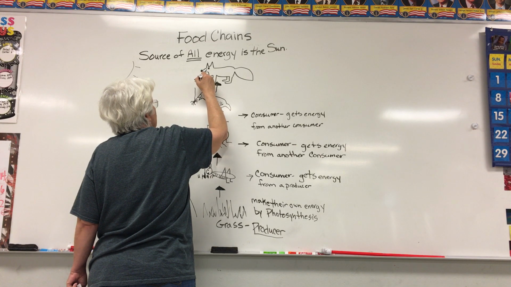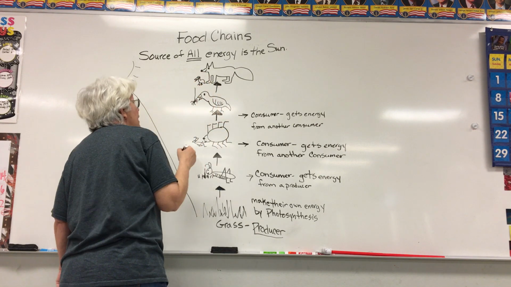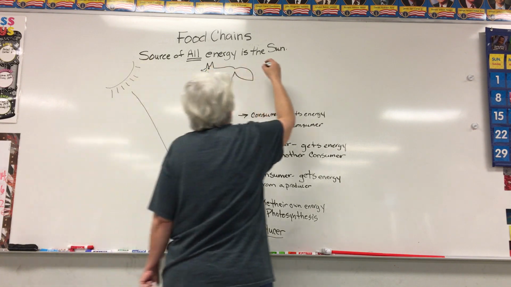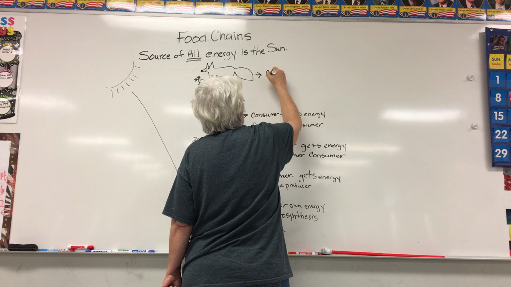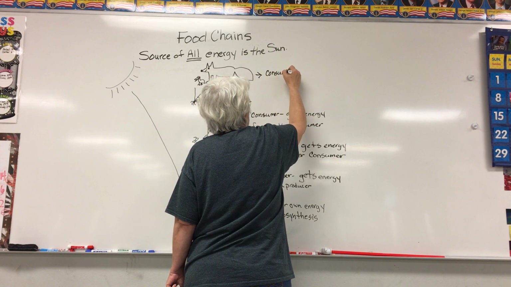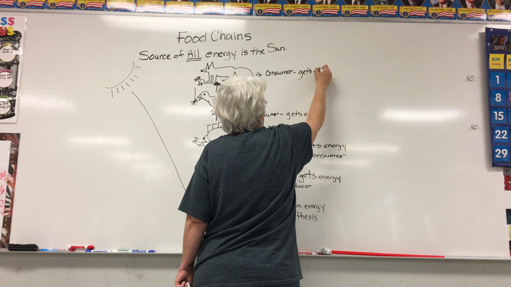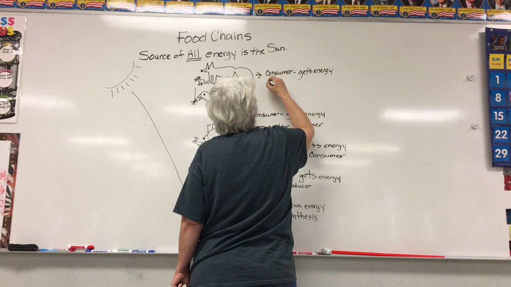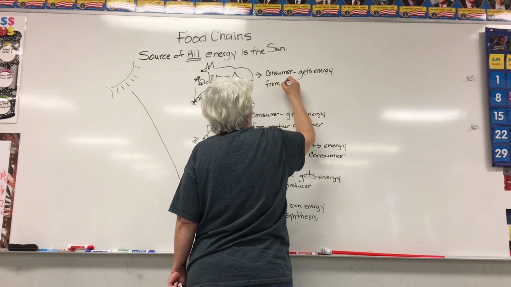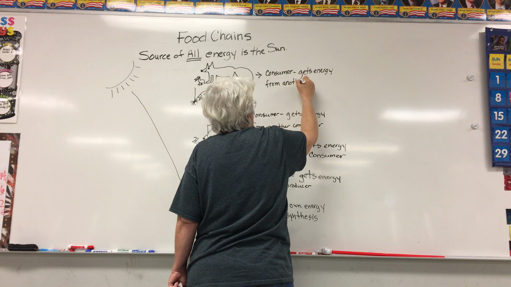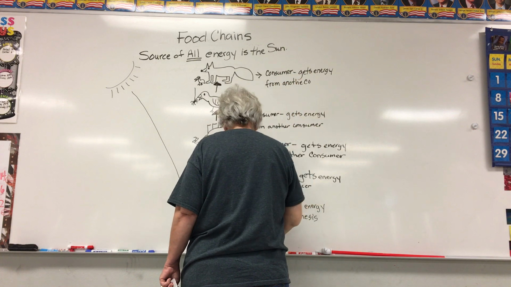That looks more like a duck, but Mr. Bird is dead, and he is consuming. He's eating the bird, so he is a consumer, and he is getting his energy from another consumer.